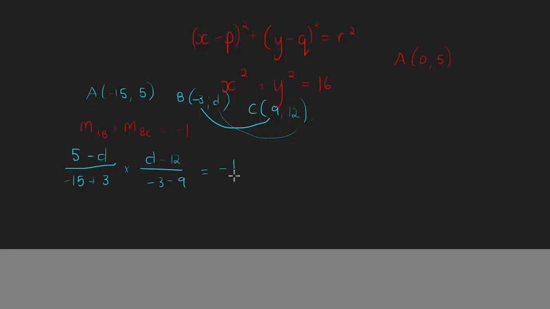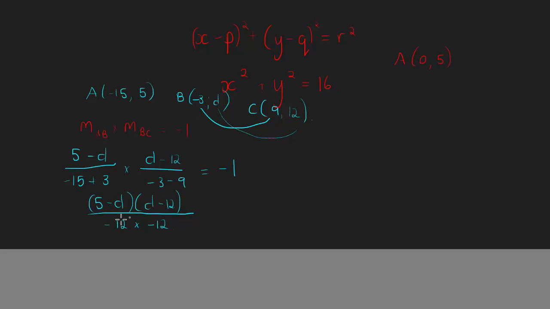This must equal negative 12. And so when I simplify, you'll see I get 5d minus d minus 12 over, and then on this side I get negative 12 times, and on this side I get negative 12.